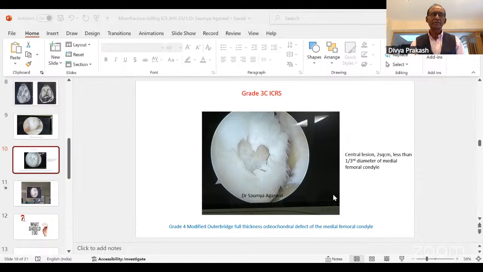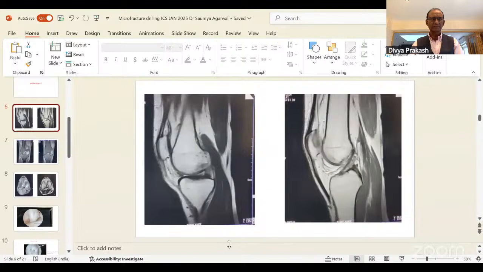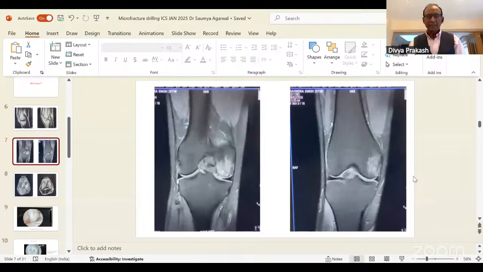Can you go back to the images, the coronal images, the T2 ones? No, below that, the coronal ones. Now, there is absolutely no indication that apart from the bony edema, there is any actual structural damage to the underlying bone.